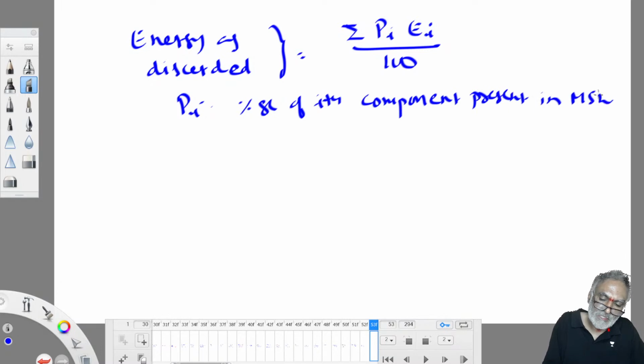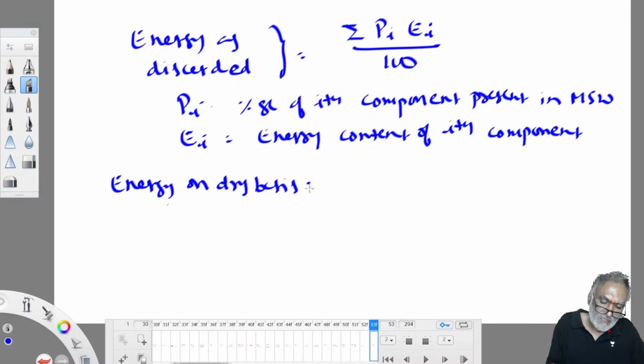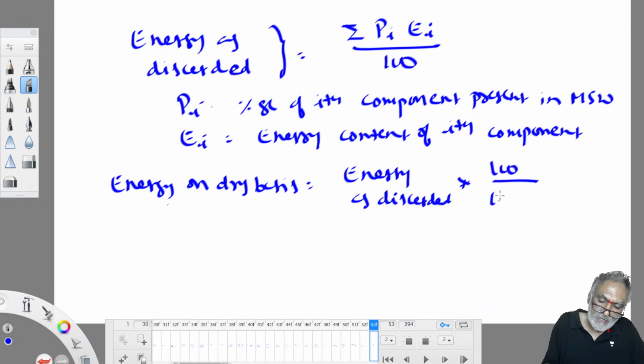Like that, many components are present. Ei is energy content of ith component. So without making any change, you find out energy, that is Ei. Energy as discarded. Energy on dry basis, when you are asked to work out, energy on dry basis is equal to total energy as discarded into 100 by 100 minus percentage moisture content, or energy on ash free dry basis.